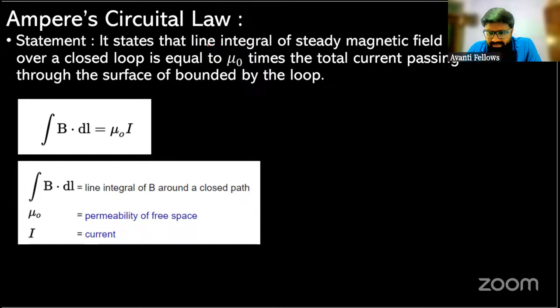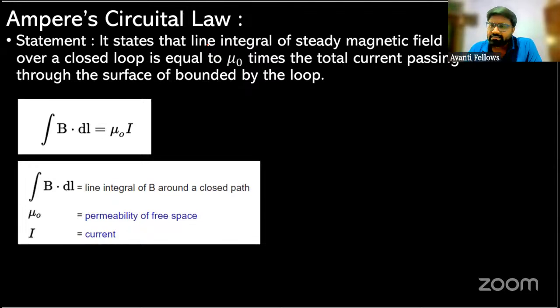Gauss theorem shows that whatever is the charge enclosed by a closed curve, only that participates in the flux through that particular closed loop. Whatever the shape of the closed loop, the net electric flux through it will be equal to 1 by epsilon naught times the charge enclosed by that loop.